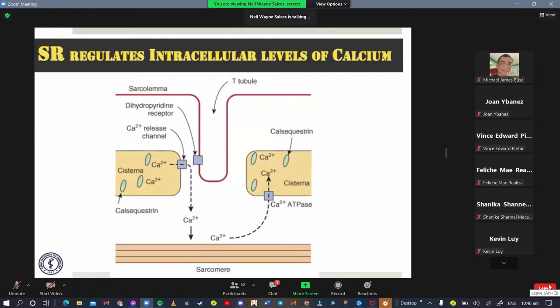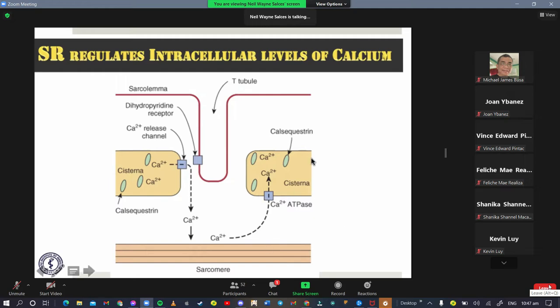So going back, in the sarcoplasm of a resting muscle, the concentration of your calcium is about 10 to the negative 8 to 10 to the negative 7 moles per liter. And the resting state is achieved because your calcium is pumped back into the sarcoplasmic reticulum through the action of an active transport system, which is your calcium ATPase, that is responsible for the initiation of the relaxation.